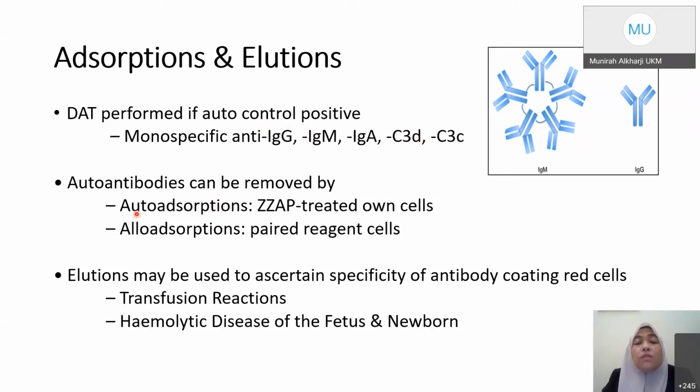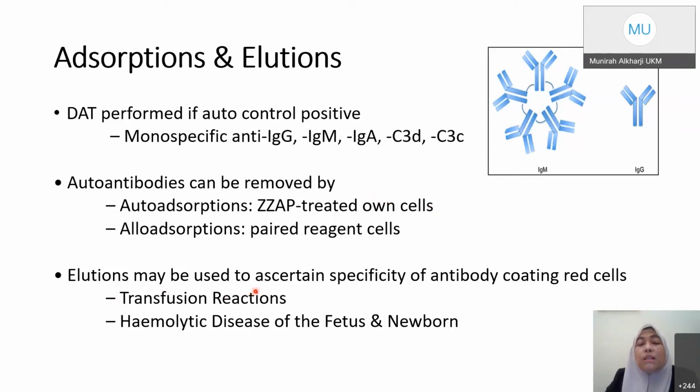Okay. Autoantibodies can be removed by autoadsorption techniques or alloadsorption techniques. For autoadsorption, we can use ZZAP treated own cells. For alloadsorption, we can use paired reagent cells. This will be explained further later.